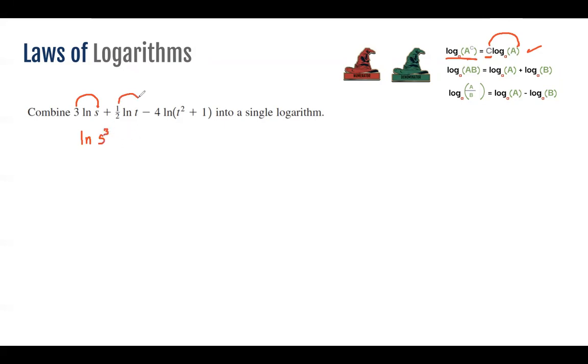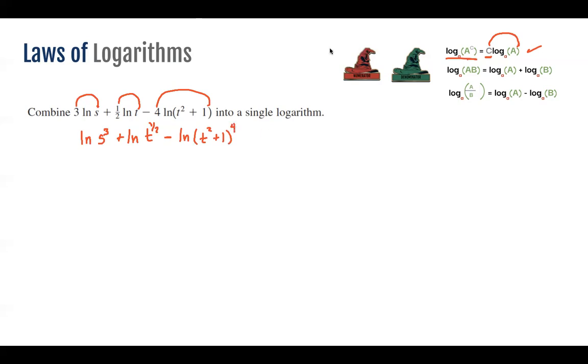Then 1/2 can be the exponent of the t, so that's the natural logarithm of t, and the exponent as 1/2. And then minus, and the 4 will become the exponent of the binomial, the whole binomial. So this is going to end up as the natural logarithm of t squared plus 1, and then a 4.